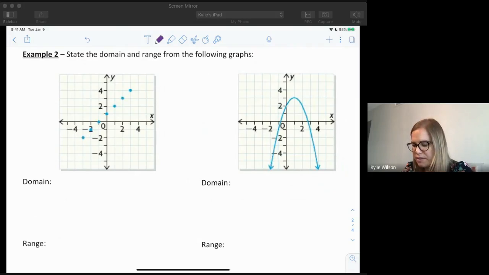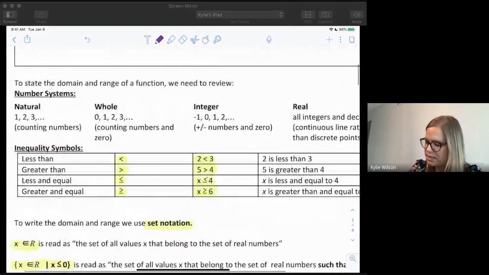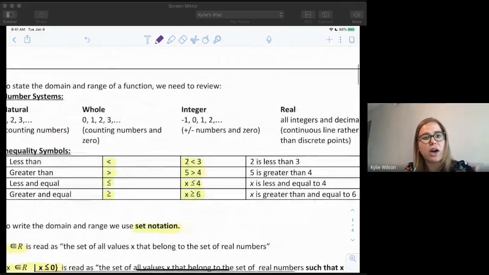So we have on 0, 1, 2, things like that. So if I go up and reference all my number systems, because I have all whole numbers, so no decimals, and they are positive and negative, I am looking at my integers.